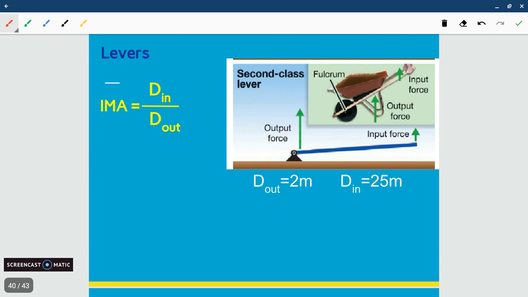With a second class lever, your mechanical advantage will always be greater than 1, because the input is way out here and the output is in between the fulcrum and the input, which means you will always have a larger number on top and a smaller number on the bottom. Even if they are very close together, for it to be a second class lever, the input is farther away than the output.